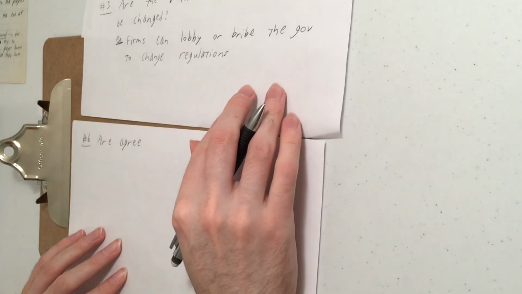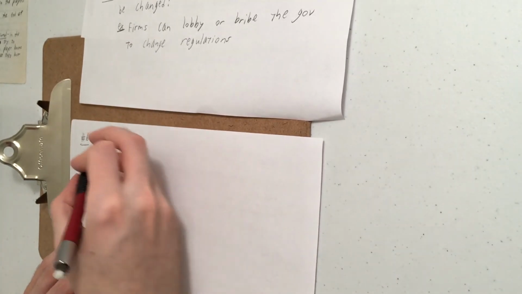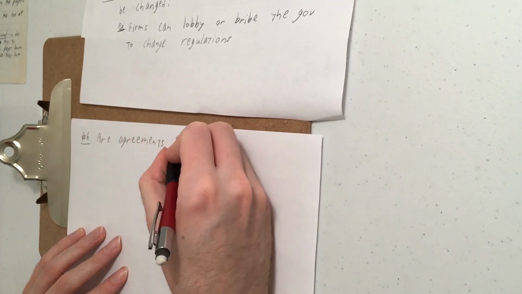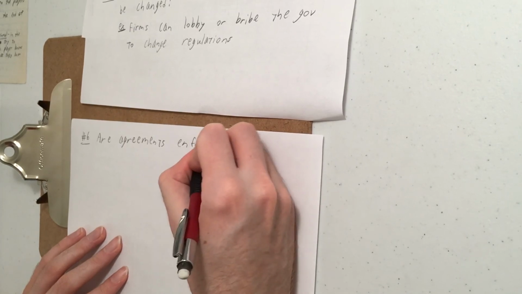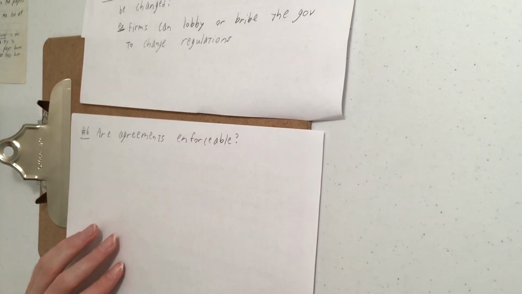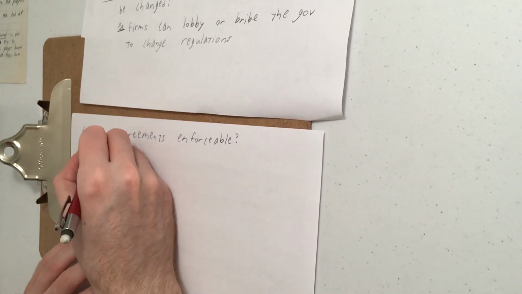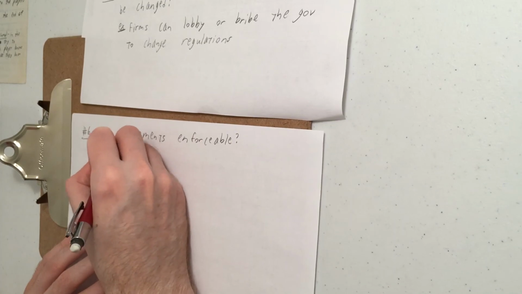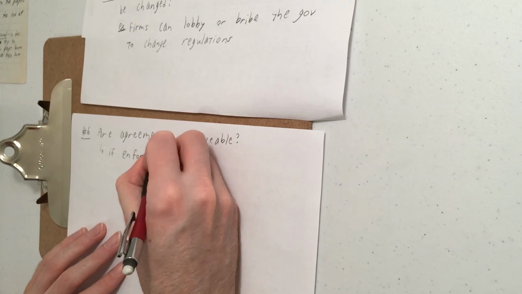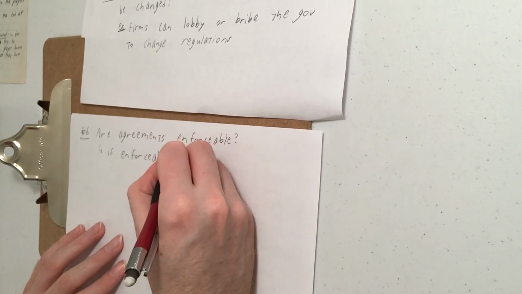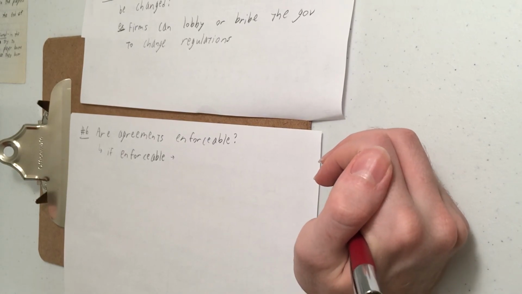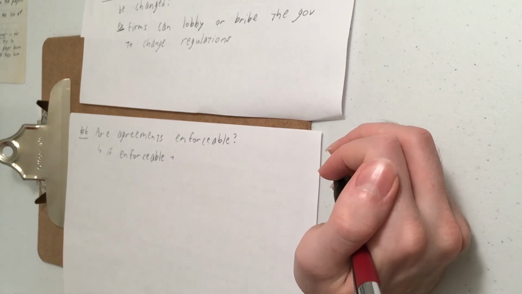So if players make an agreement between themselves, are those agreements enforceable or not? Games that have enforceable agreements, we call those cooperative games, or also called, some terminology, coalitional games.